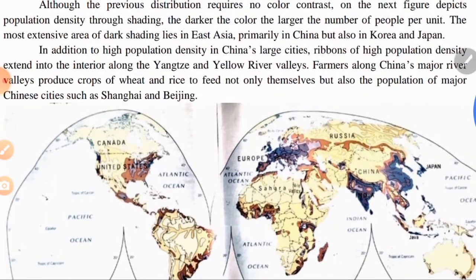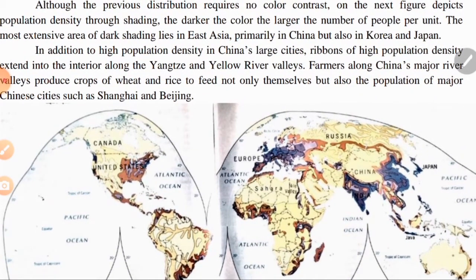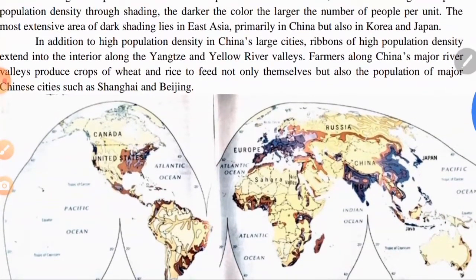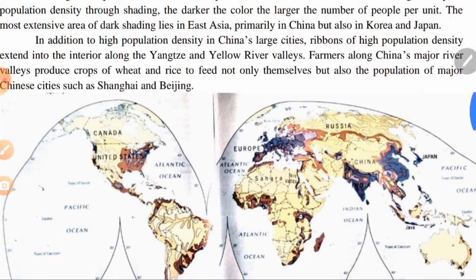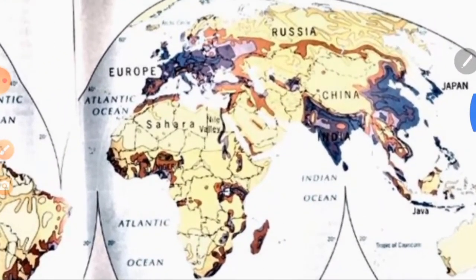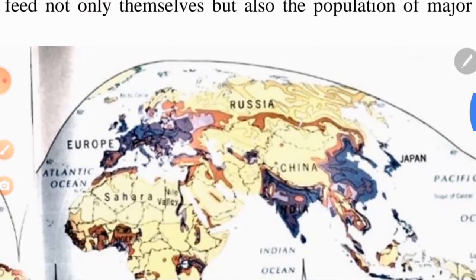Dito papasok yung thematic map. The most extensive area of dark shading lies in East Asia, primarily in China, but also in Korea and Japan.